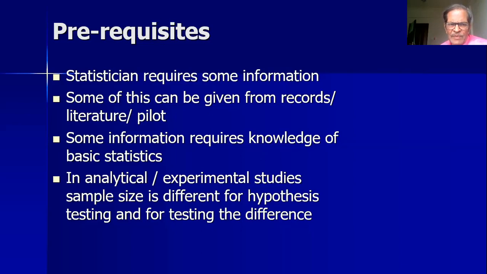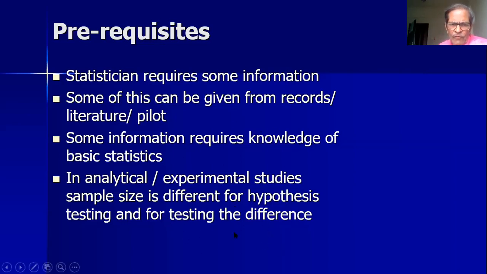In analytical and experimental studies, the sample size is different for hypothesis testing and testing for the difference. So in analytical or experimental studies, the hypothesis could be of association type or it could be of difference type. Whenever the hypothesis is of difference type, the investigator may want to either say whether the null hypothesis is accepted or not accepted. So that is the hypothesis testing in epidemiological studies.